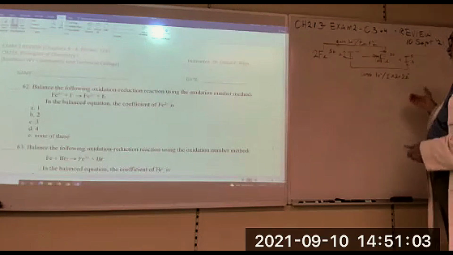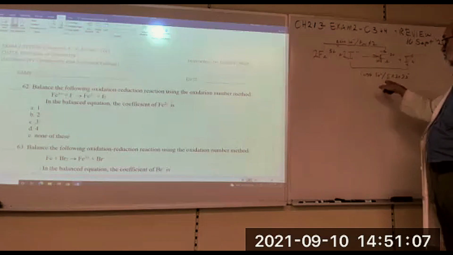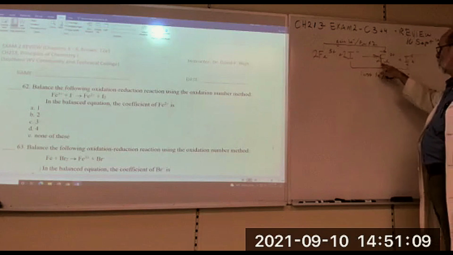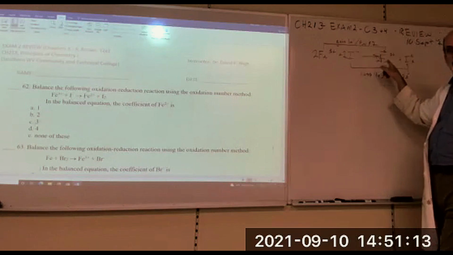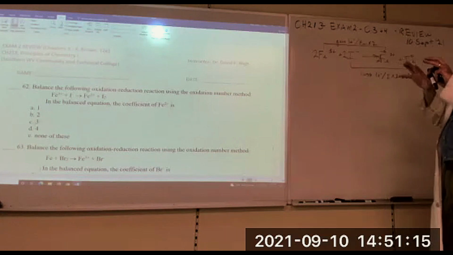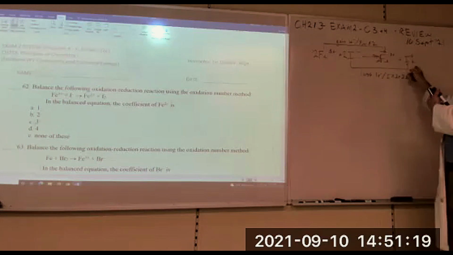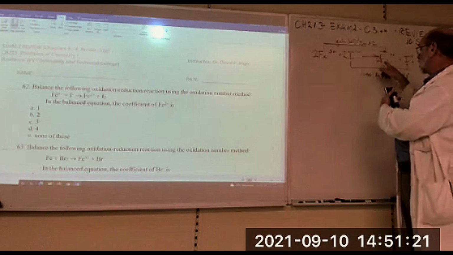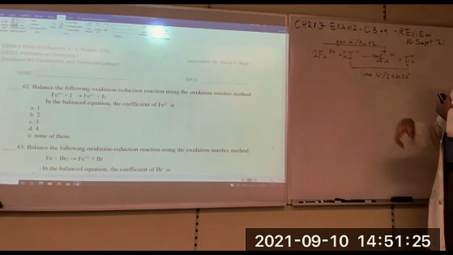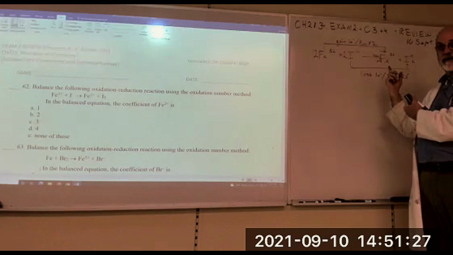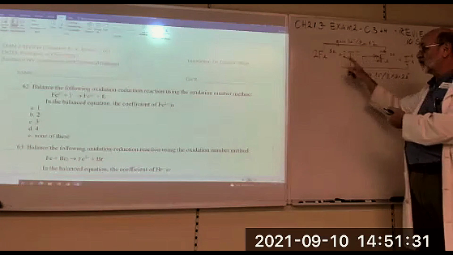Oh, by the way, if you don't do this by the redox method, you won't get 2 irons here. If you just do it by our normal inspection, we would say, oh yeah, we need 2 iodines because there are 2 over here. But it doesn't say that we need 2 irons because we've got 1 on one side and 1 on the other. But if you consider the electron transfer, you have to have 2 here, 2 here.